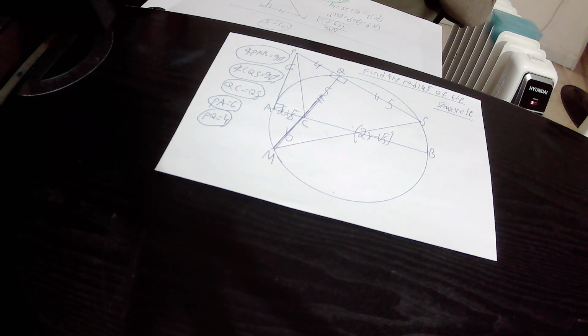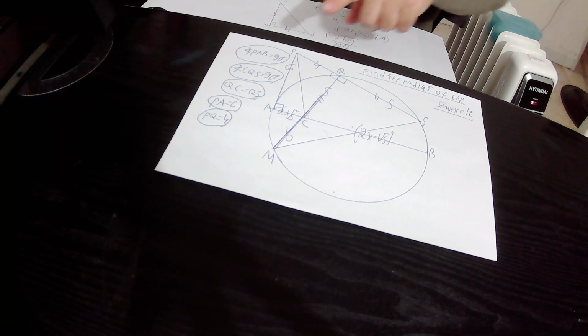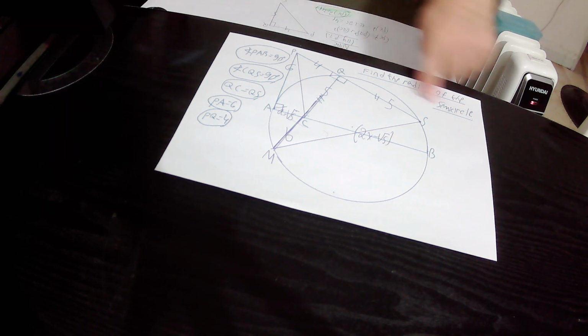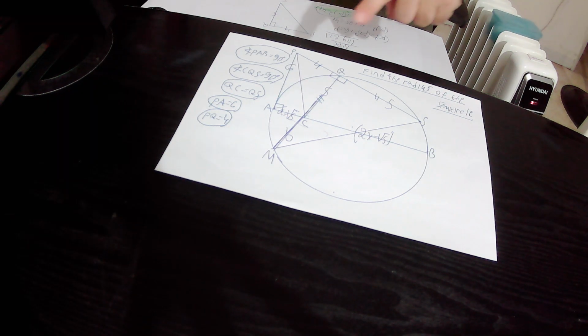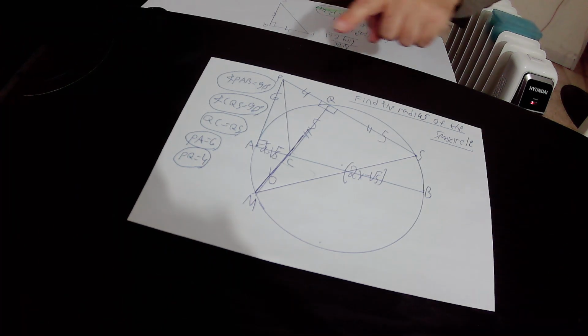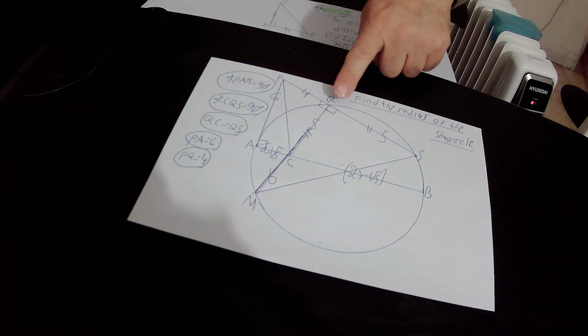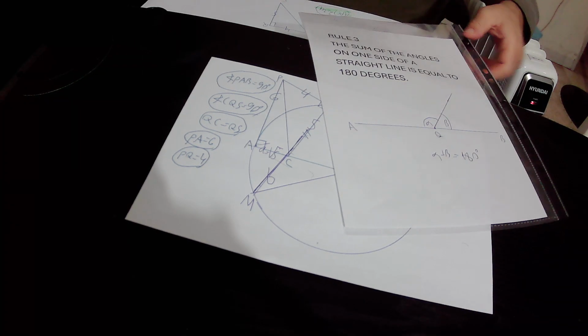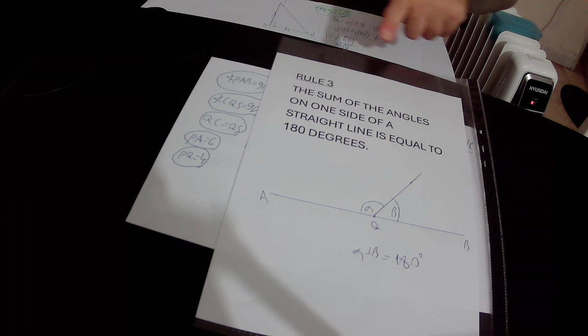Here we have rule number 3. It tells us that PS is a straight line. If we focus on the lower side of the straight line PS at point Q, the sum of the angles must be equal to 180 degrees according to rule number 3. According to rule number 3, the sum of the angles on one side of a straight line is equal to 180 degrees.